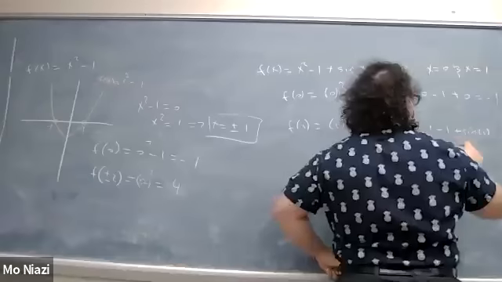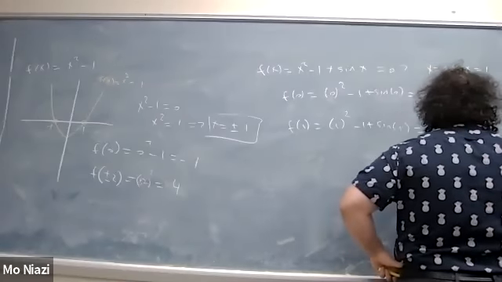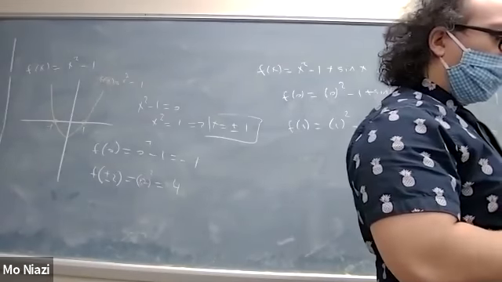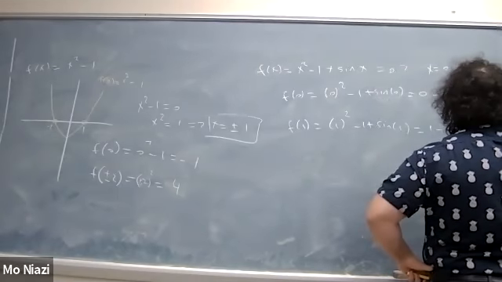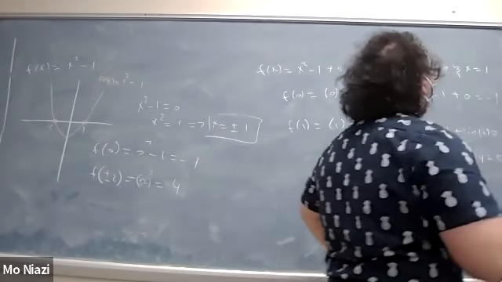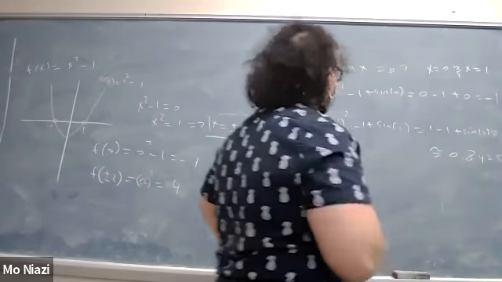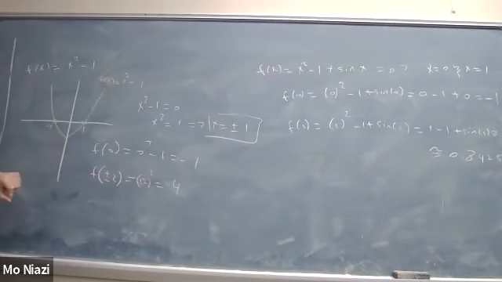At f of 1, 1 minus 1 is 0, and sine of 1 is approximately 0.8425. So notice that f of 0 is a negative value, and at f of 1 it becomes a positive value on the y-axis.